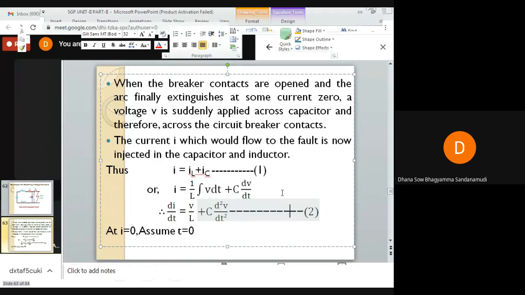If you differentiate this, you will get di by dt equal to V by L plus C into d square V by dt square. Let us assume that at initial time t equal to 0, when the circuit breaker is about to open, the current is also 0.